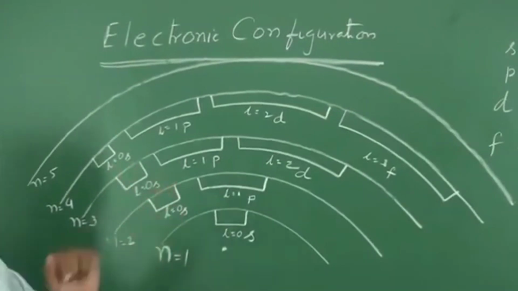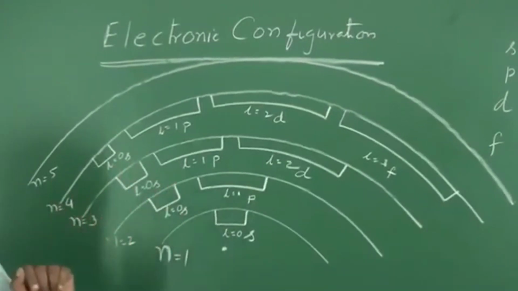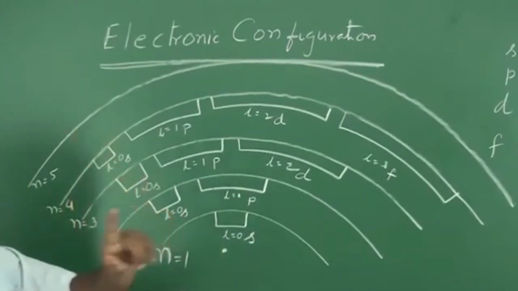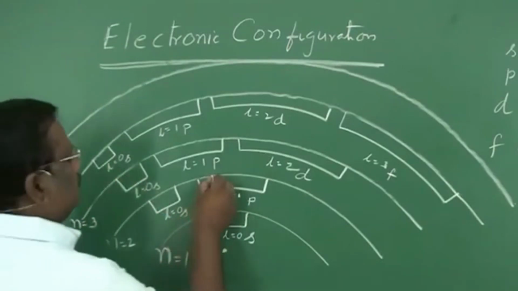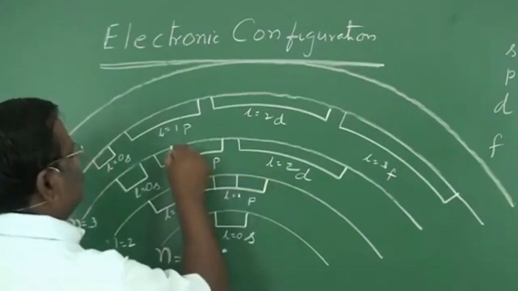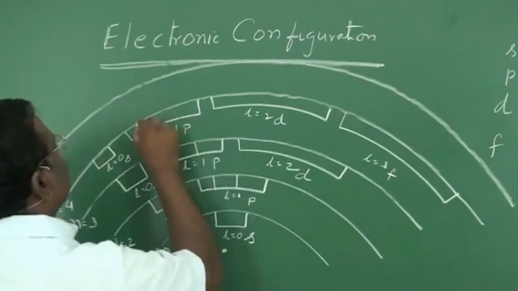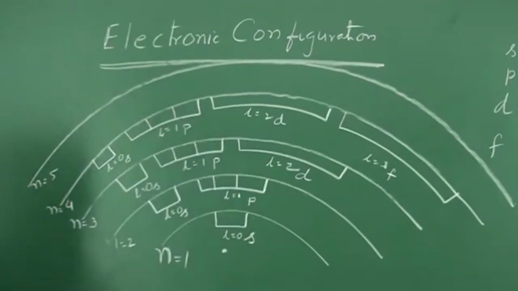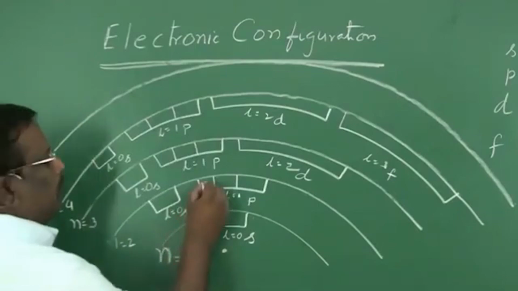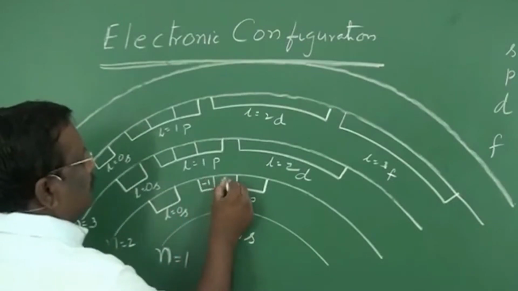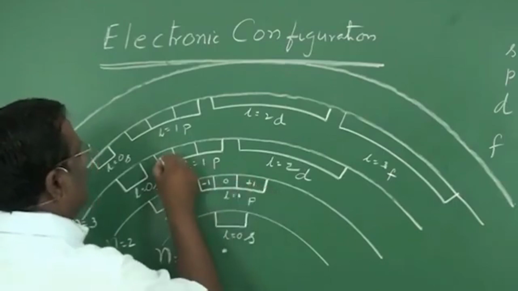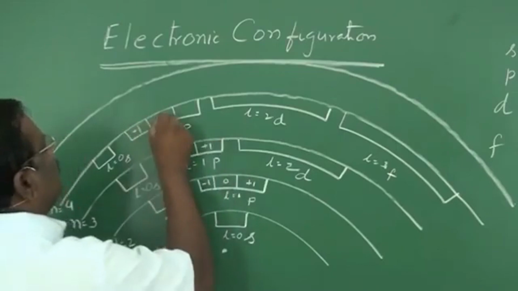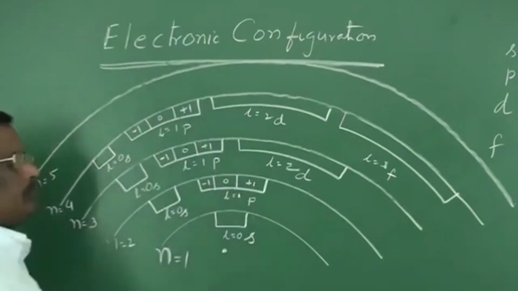If L value is 1, we call it a P sub-energy level. In P sub-energy level, we have 2L plus 1, that is 3 orbitals. Their M values are minus 1, 0, plus 1.